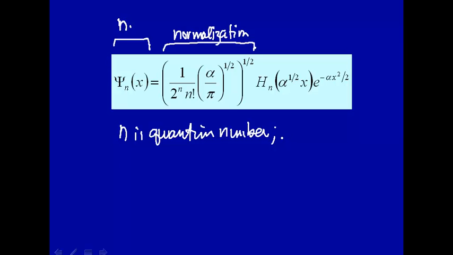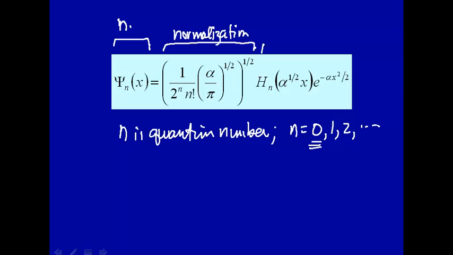When you solve the Schrodinger equation in detail, you find that n is equal to 0, 1, 2, and so on. So the quantum number starts at 0, not at 1 like it did for the particle in a box. So we have these wave functions, each eigenstate defined by a quantum number n.